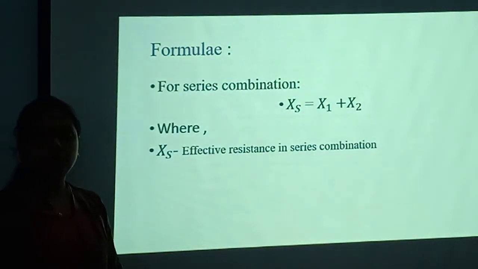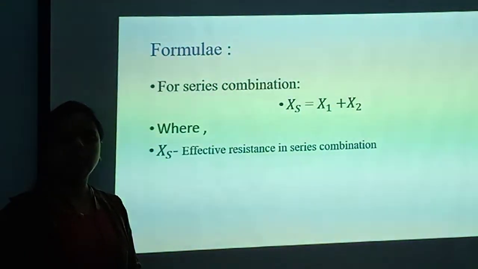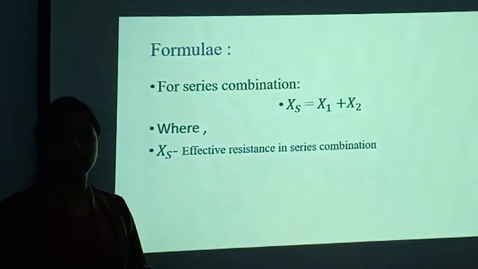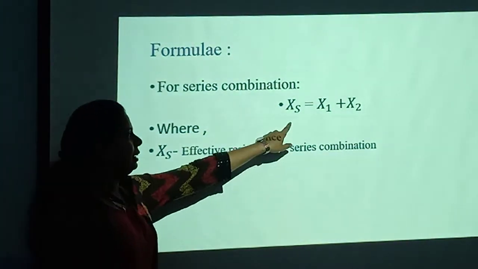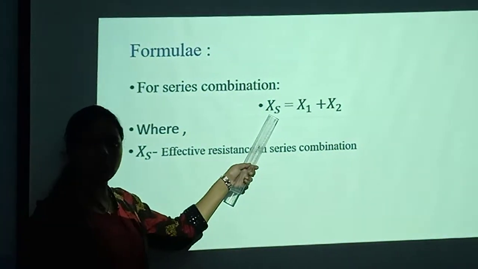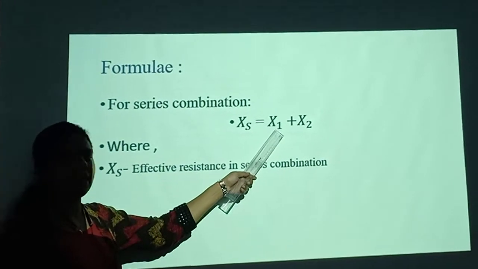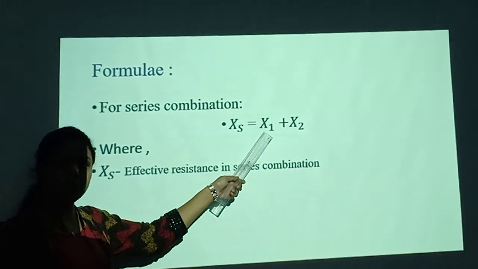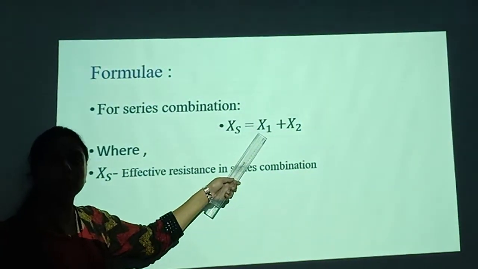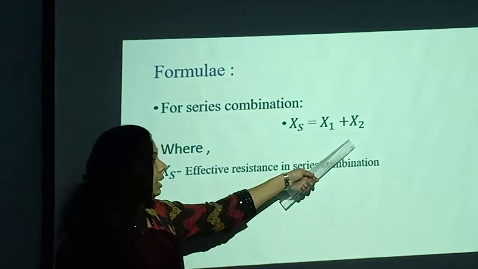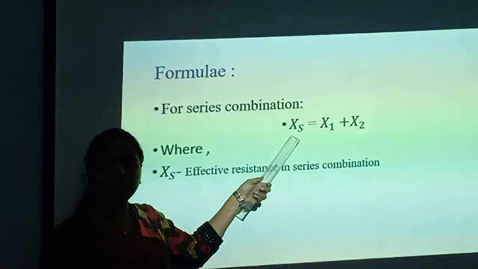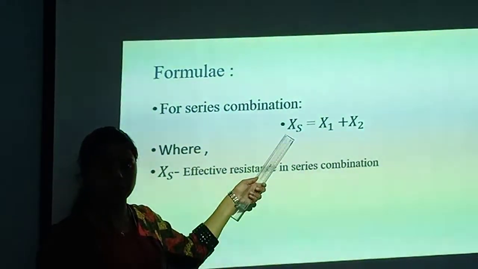Next, the formula for series combination. Suppose you have connected two resistances in series. What will be the resultant resistance? The resultant resistance for the series combination is given by the sum of the individual resistances. Suppose we are using two resistances, X1 and X2; their sum will be the equivalent resistance in series combination.